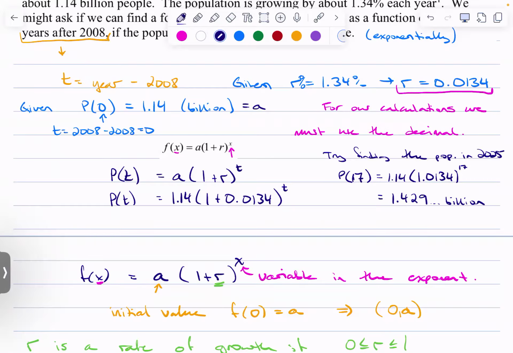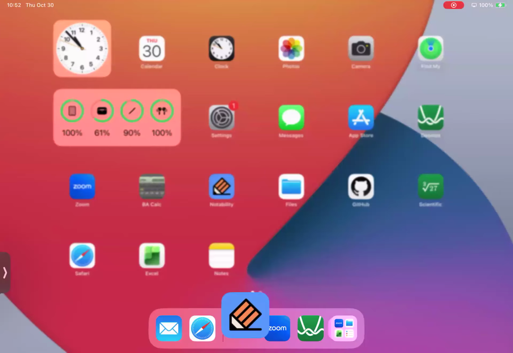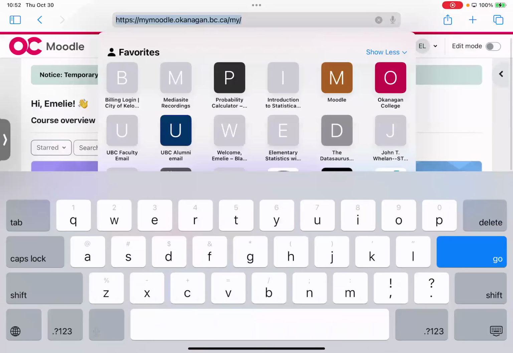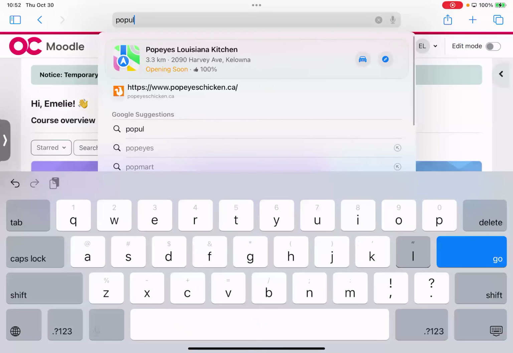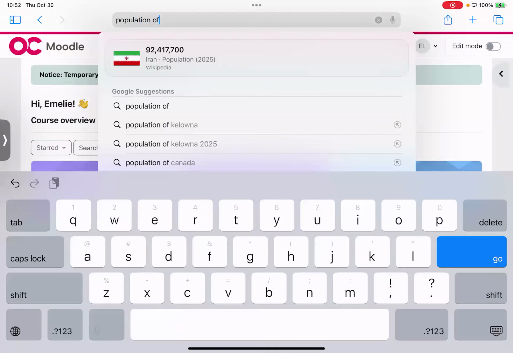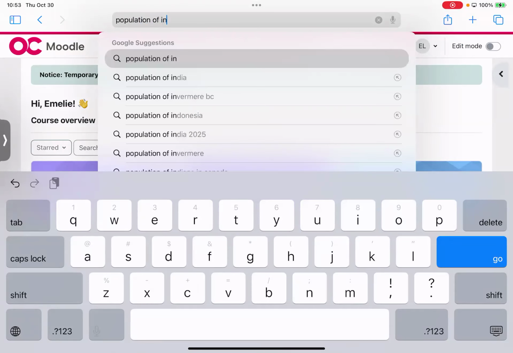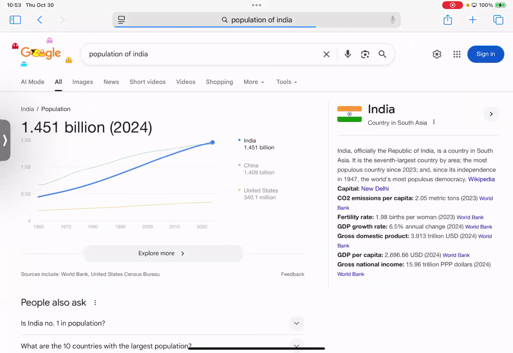And now we can Google that. Let's see how close it is. It's guessing I want to know Iran, but I want India. It should have been listening harder.